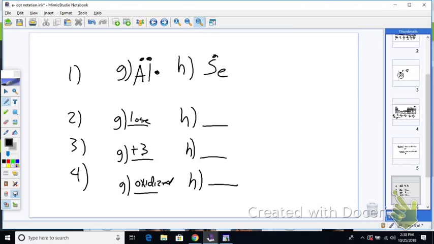Selenium has 6. It will tend to gain how many? 2. So it'll be a negative 2, and it is reduced. So now you know how to predict gaining, losing, and what charge it's going to be if it's oxidized or reduced.